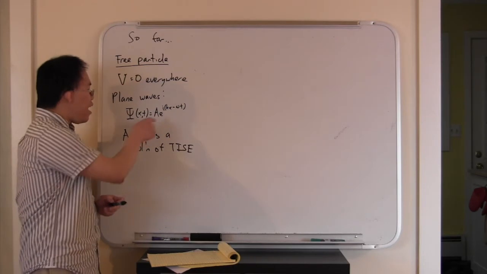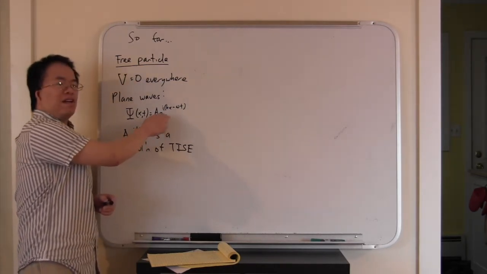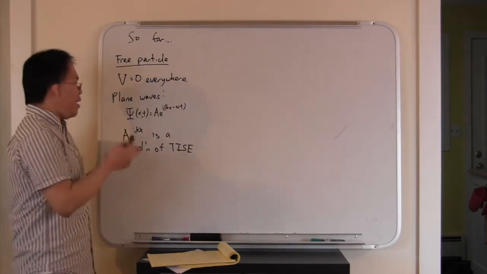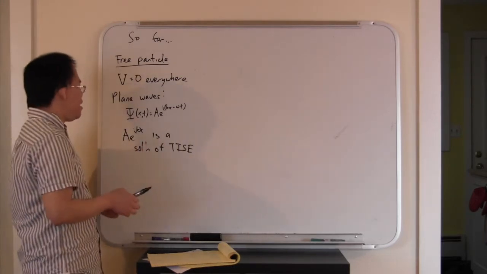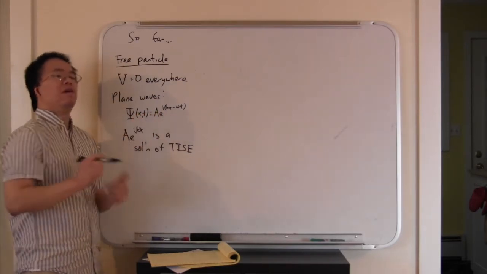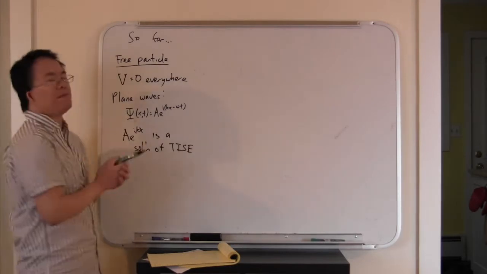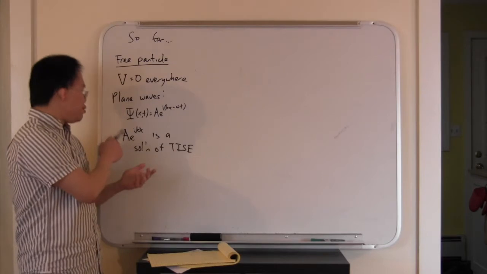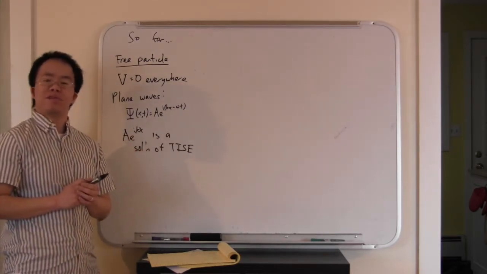You can see how this is really the product of something that depends only on position with something that has an e to the minus i something times t time dependence. So this actually does have the right form as a full time dependent solution, where this spatial part satisfies the time independent Schrödinger equation.